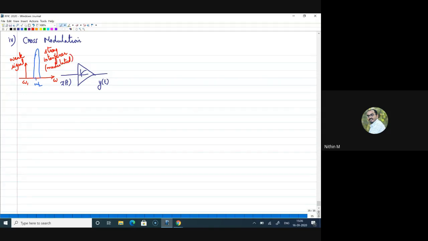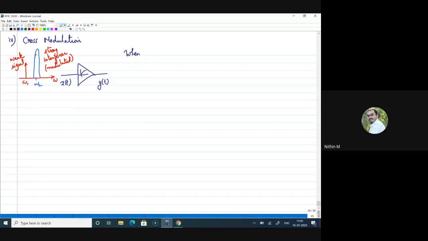So just to understand nonlinearity, I am considering various cases. It is not like we will always be receiving a signal which is a pure tone. Even the signal whatever we receive will be modulated. So now we are looking at how this strong interferer which is modulated is going to affect your weak signal. To understand this, let me write the condition here.